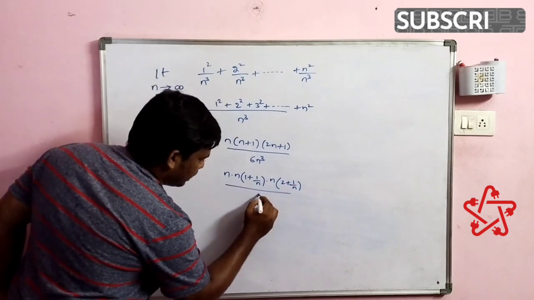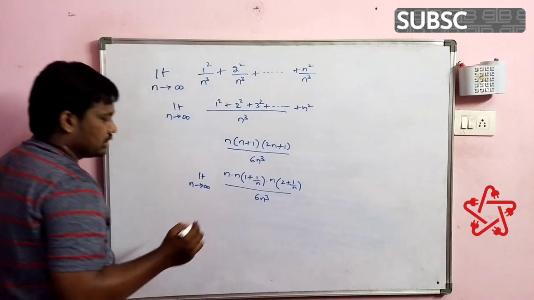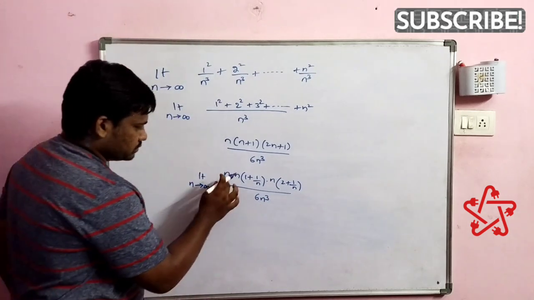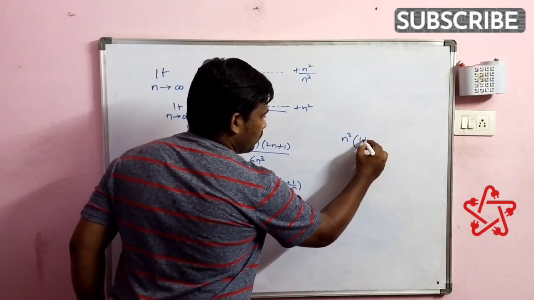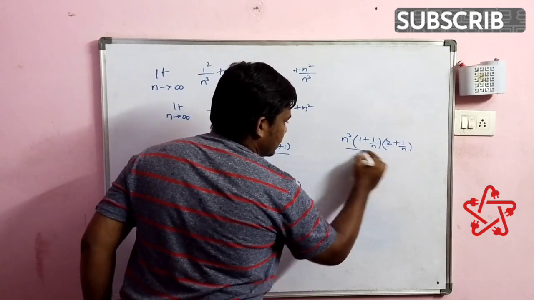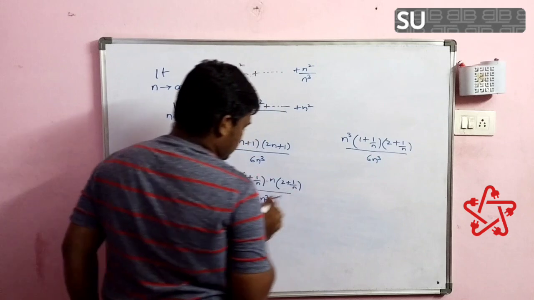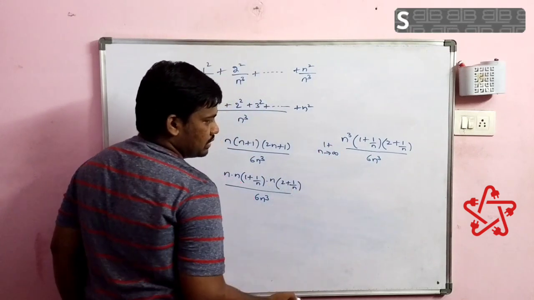Now divided by 6n cube, limit n tends to infinity. Now n into n into n, n cube into 1 plus 1 by n into 2 plus 1 by n divided by 6n cube.